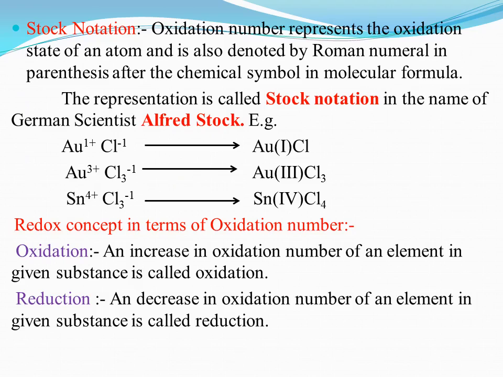Now let us learn some redox concepts in terms of oxidation number. First, oxidation. An increase in oxidation number of an element in a given substance is called oxidation. Next, reduction. A decrease in oxidation number of an element in a given substance is called reduction.